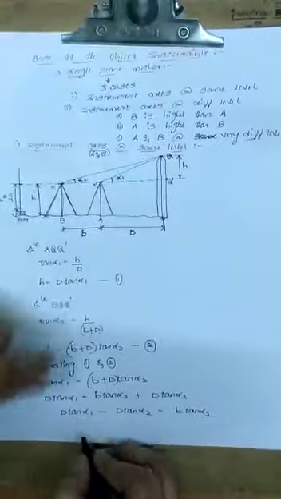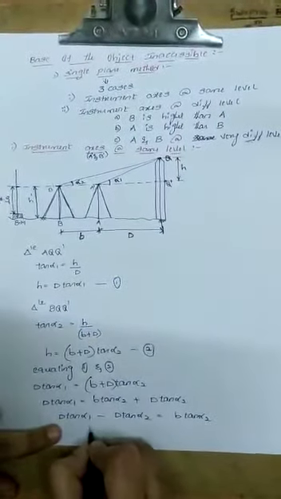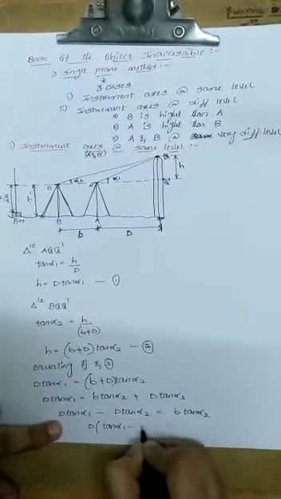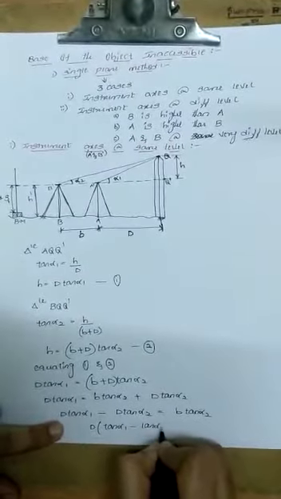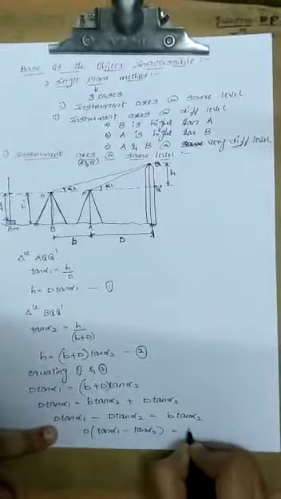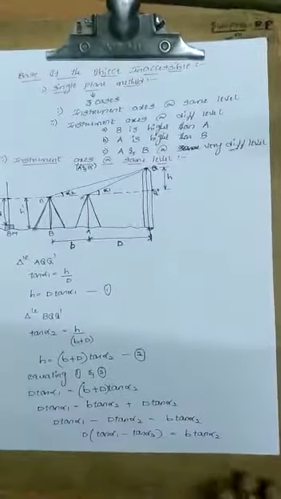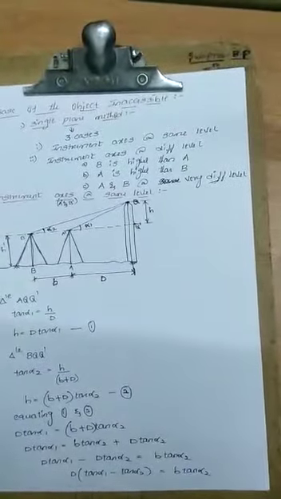Next take D as a common term, then it will be D into tan alpha 1 minus tan alpha 2, right? That will be equal to B into tan alpha 2. Next you want the D equation.